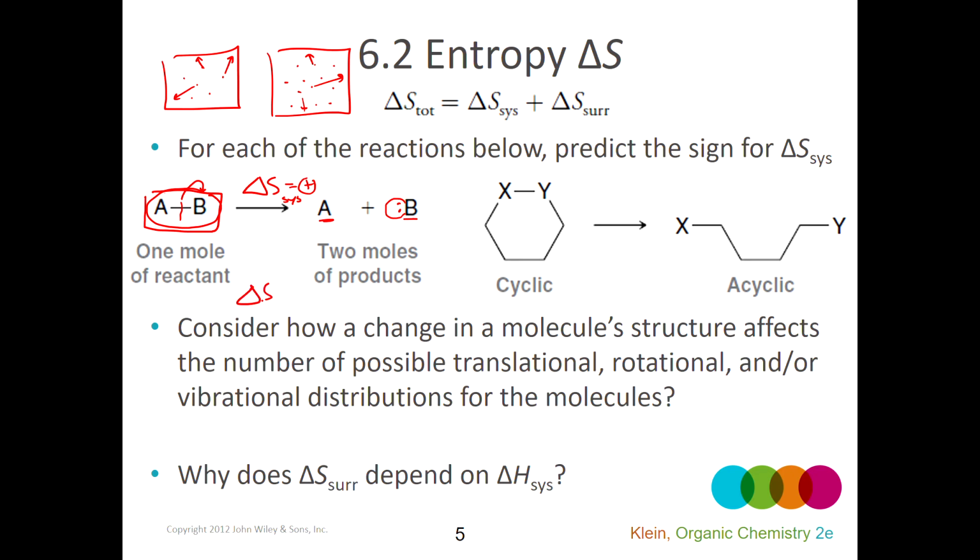The change in entropy for the surroundings is going to depend on delta H. It won't be equal, but it'll be proportional to the opposite sign for delta H. And so, for example, if the reaction is exothermic and it releases energy, and delta H is negative, a negative times a negative is going to give me a positive entropy change for the surroundings, right?